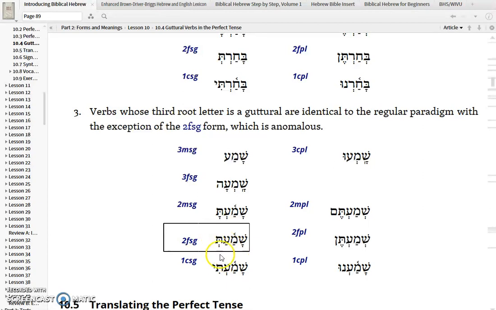You're basically having two vocal shewas in a row, then slurring them together. And so what you do instead is that it takes the A vowel. So it's the rule of shewa applying, but influenced by the guttural, because gutturals, except for aleph, prefer A vowels. You end up with an A here. So you get shama'at. So shamata is she heard, you masculine singular heard, but shama'at is you feminine singular heard.